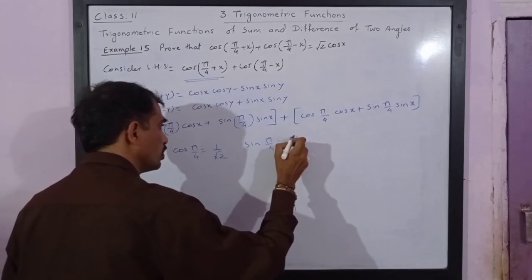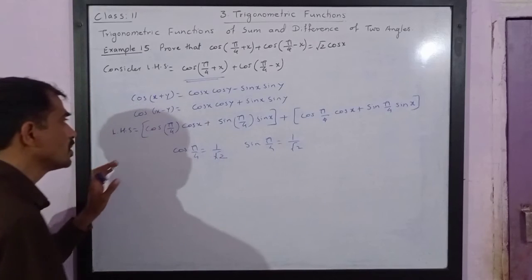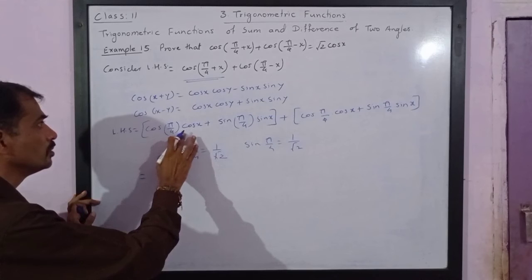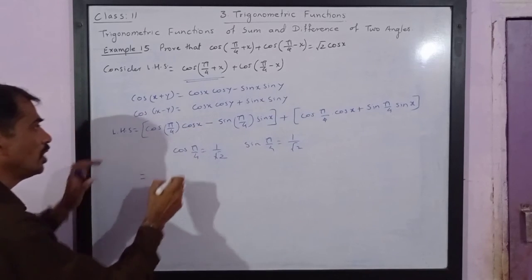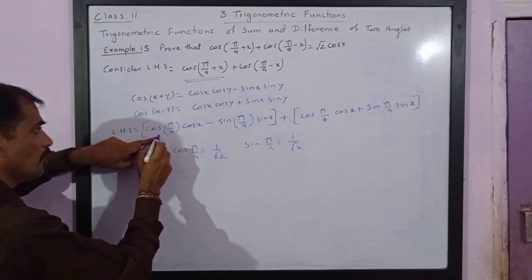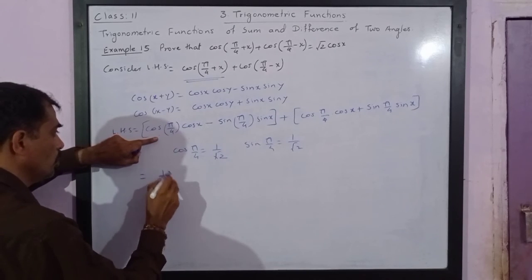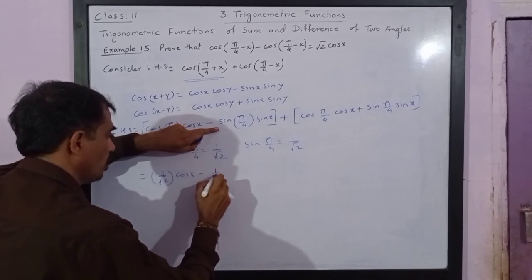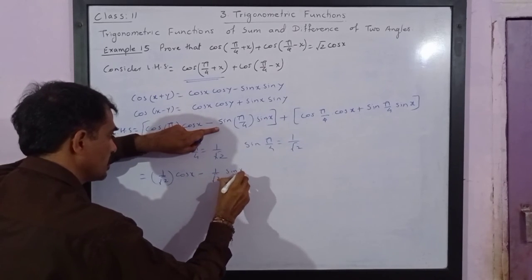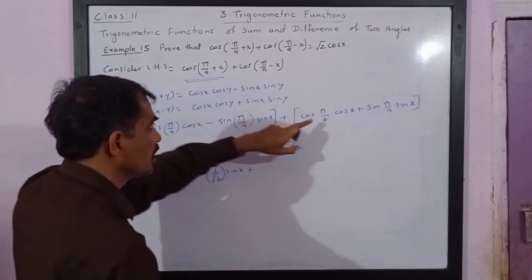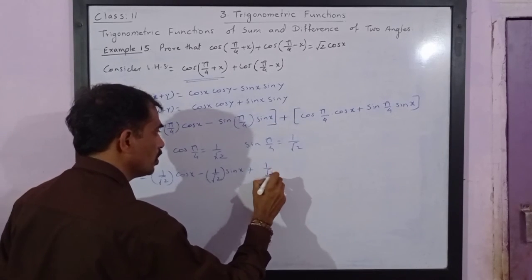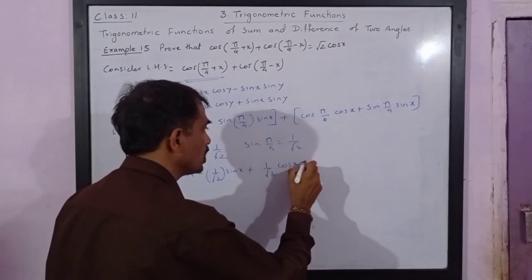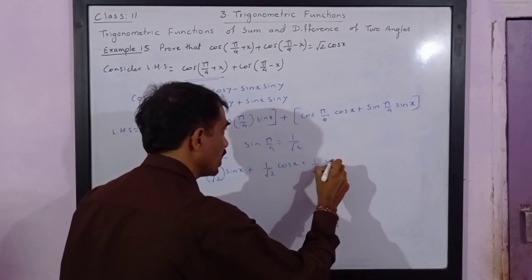So this becomes cos x. This was negative. So we will get 1 upon root 2 cos x, minus 1 upon root 2 into sin x, plus again 1 upon root 2 into cos x, and plus 1 upon root 2 into sin x.